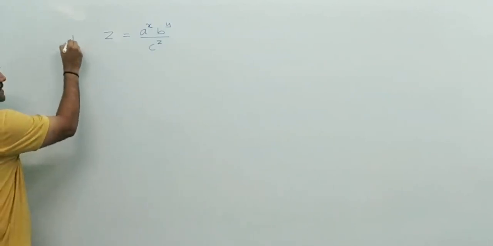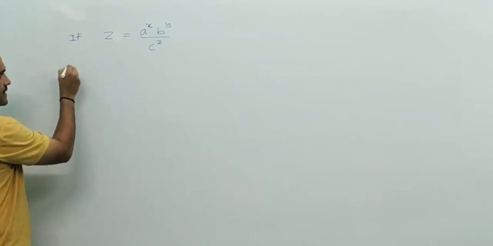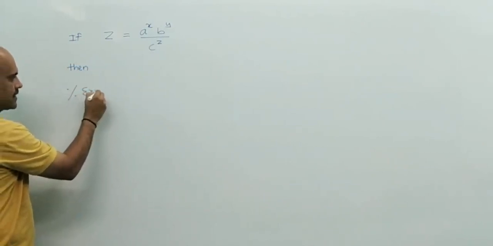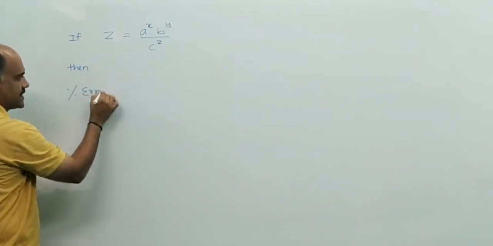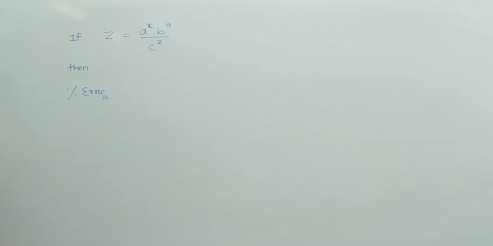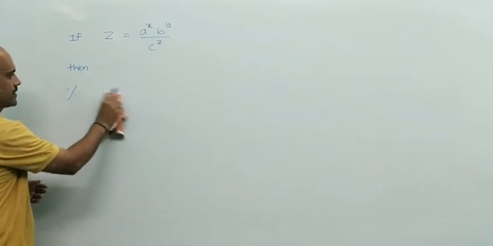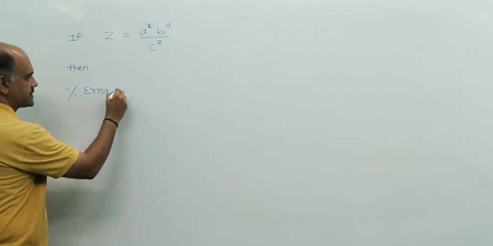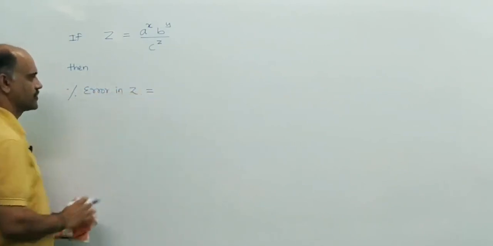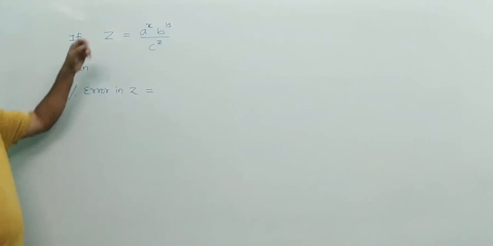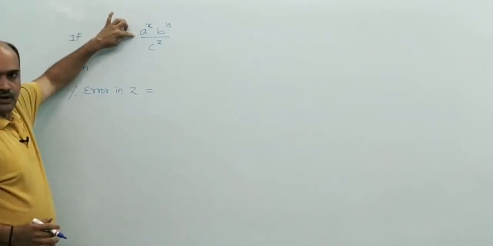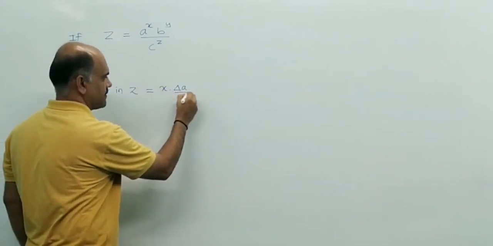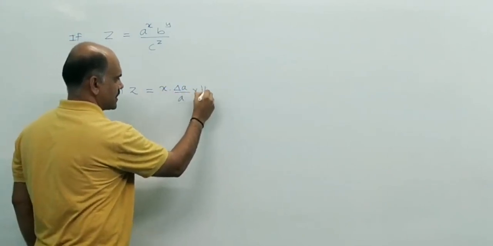Then the percentage error in Z will be equal to, so now this power will come down. You will have X delta A by A into 100.